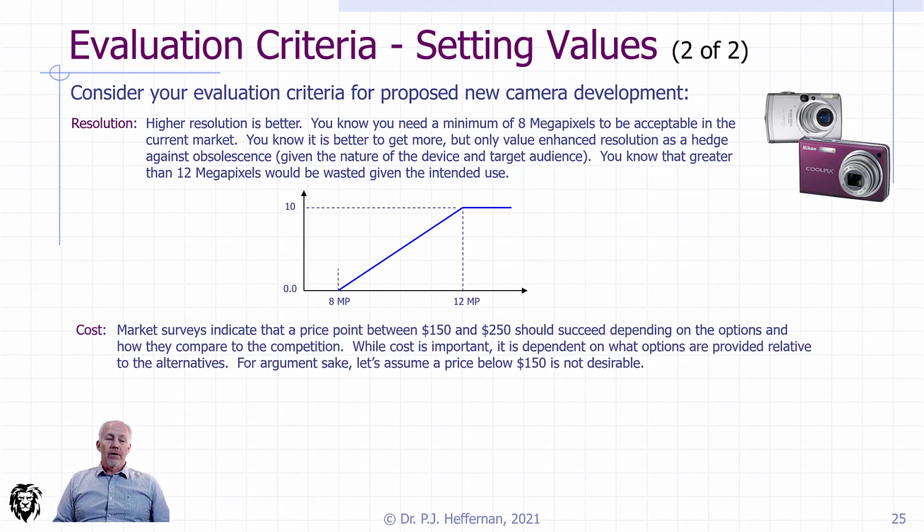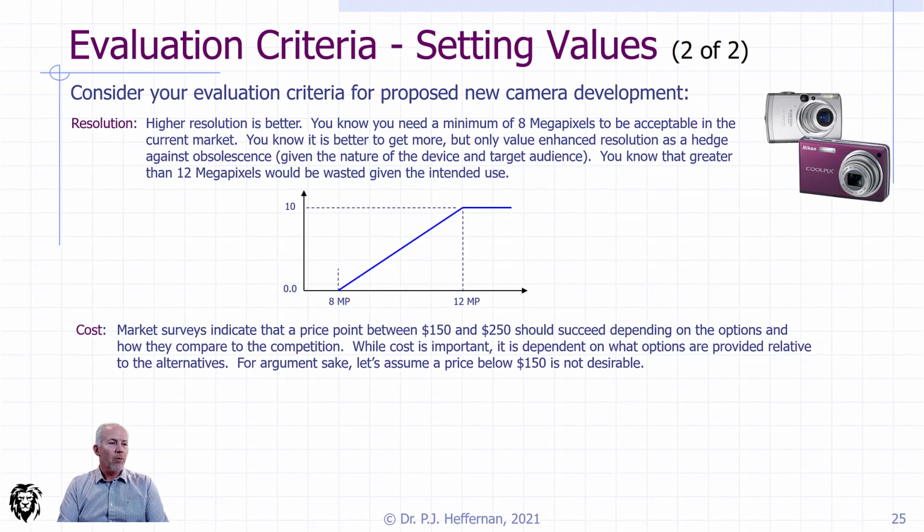Now, alternatively, if we looked at cost, I'll read the narrative. Market survey indicates that a price point between $150 and $250 should succeed, depending on the options and how they compare to the competition. So we've got our range, but we also know we have to pack it with the right features. It's really the features that are going to compete with our competitors as compared to the cost.